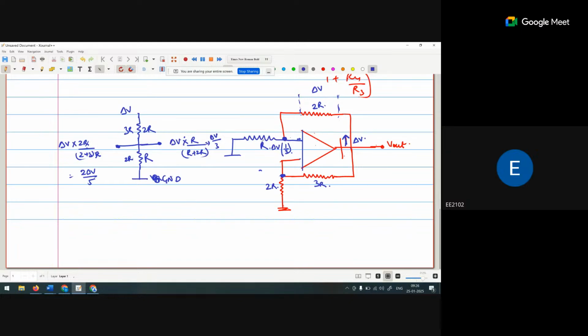Which value is higher? This is 0.33 del V, and this is 0.4, that is 2 by 5, 0.4 of del V.